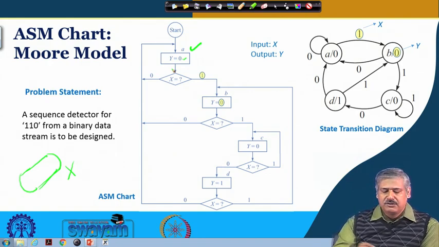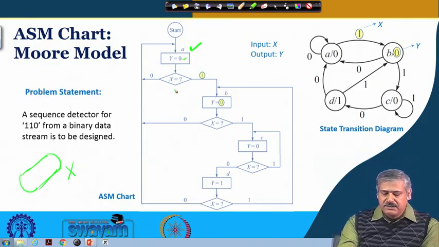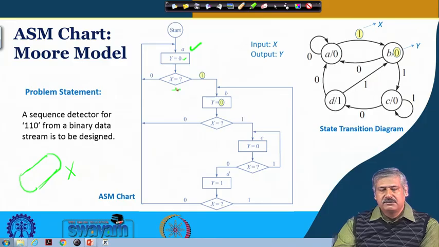So, y is 0. y will be 1 when all the 3 bits are detected properly, fine. Then it is looking at x. So, if x is equal to 0 and if x is equal to 1, now the input data that is coming is synchronized with the clock.